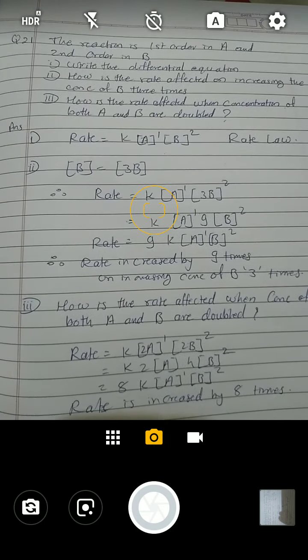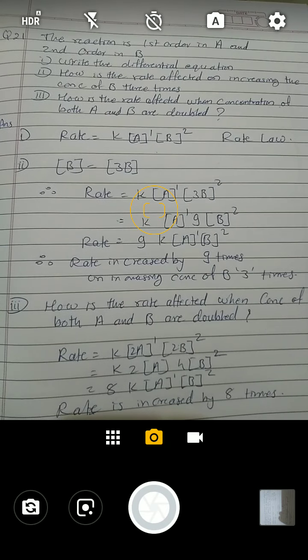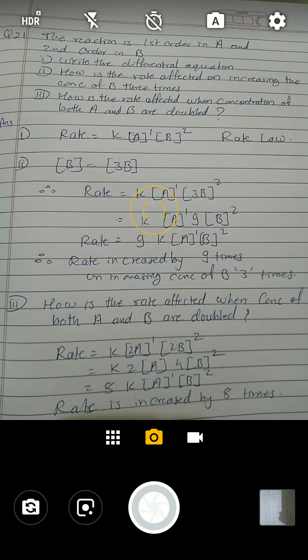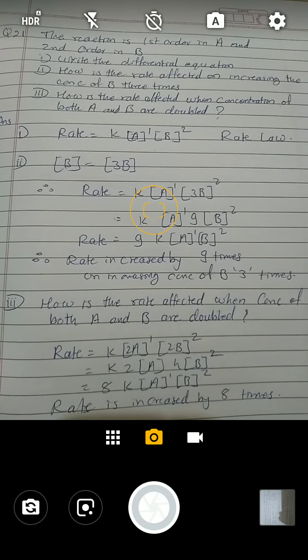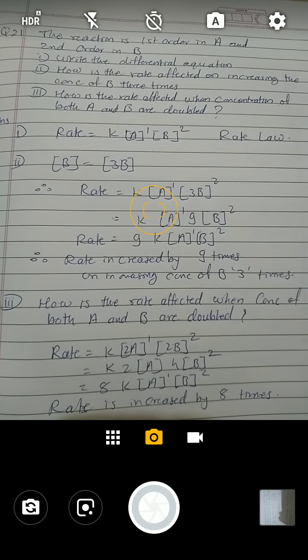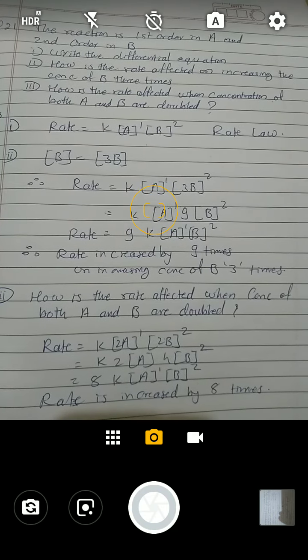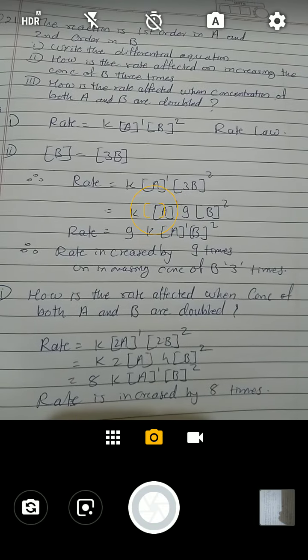So if I substitute 3B in this equation, 3 squared is 9, so 9B squared, and the rate is equal to 9 into K into A raised to power 1 and B raised to power 2. So here the rate is increased by 9 times if I increase the concentration of B by 3 times.